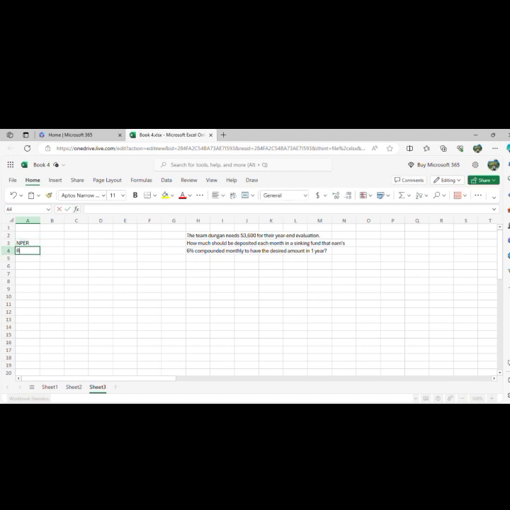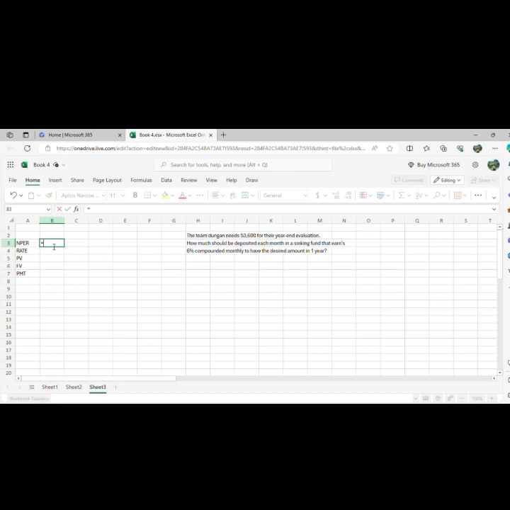On your Excel, write NPER, rate, the PV or the present value, FV or the future value, and the PMT, which is your periodic contribution.